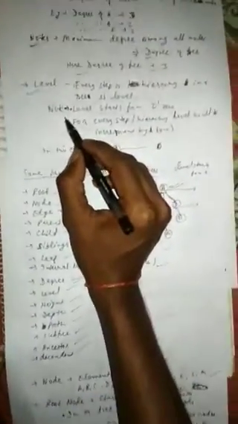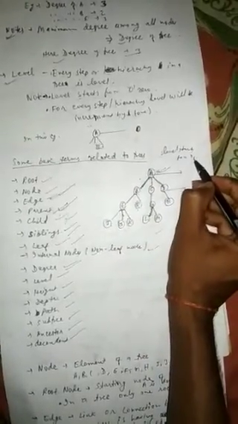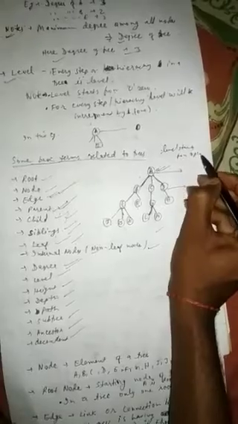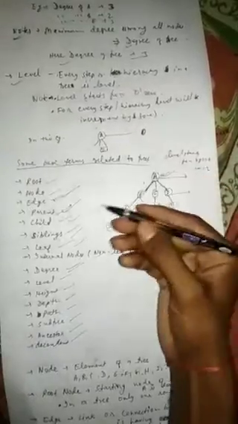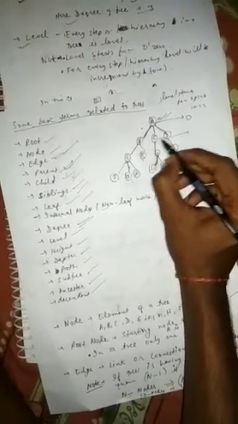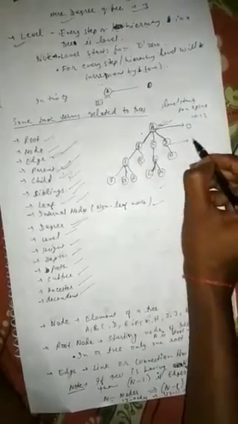One important note: level starts from 0, and for every step of hierarchy the level increases by 1. When we take 0, it increases by 1: 0 plus 1 is 1, again 1 plus 1 is 2. So the levels here are 0, 1, 2, 3.